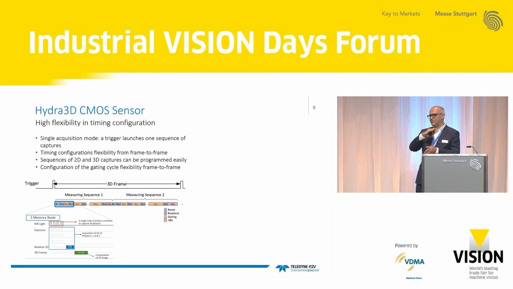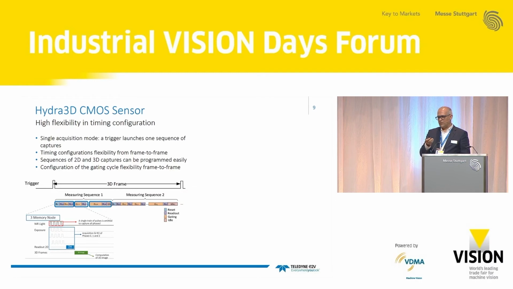So you acquire 3 phases and can compute a 3D image. But inside of one of these measuring sequences, you can have multiple 3D acquisitions, either to extend dynamic range or to improve precision by averaging, for example.